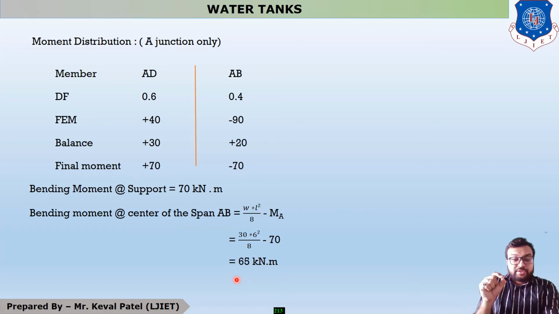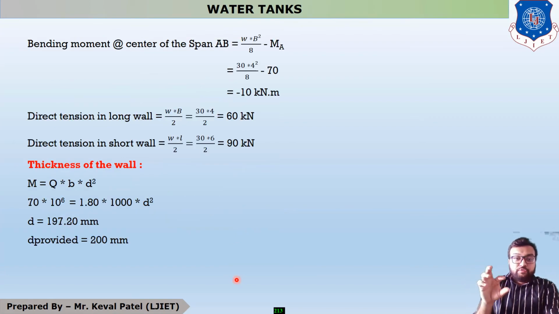So this is the calculation of center moment for the long span, it means for AB. Now similar calculation for the short span, it is AD. There will be some typing mistake in which this is AD.